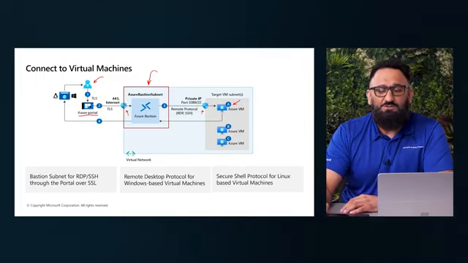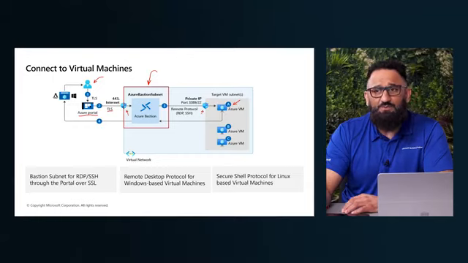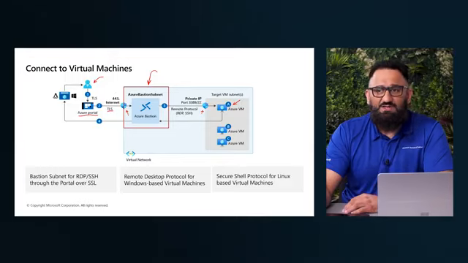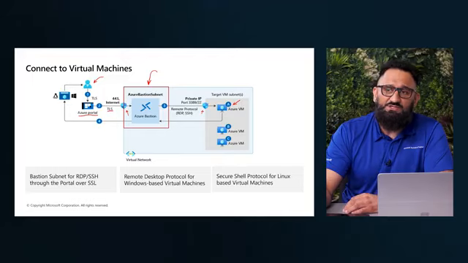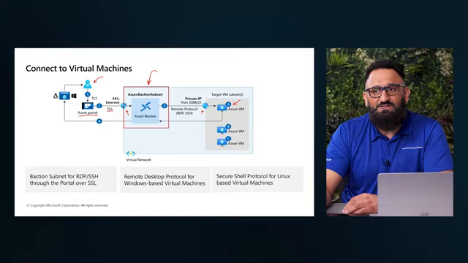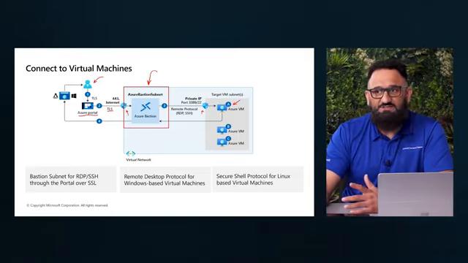Once you're on the portal, you can then go to your Bastion service. The Bastion service typically works with secure protocols like HTTPS, running TLS over it, so there's transport layer security as part of that. So it's an encrypted and secure connection that you form from your device, on a browser, when connecting to the Azure Bastion service.